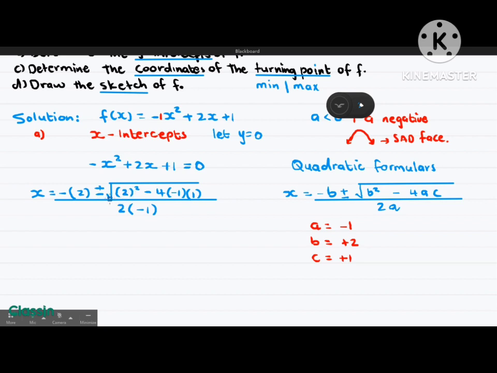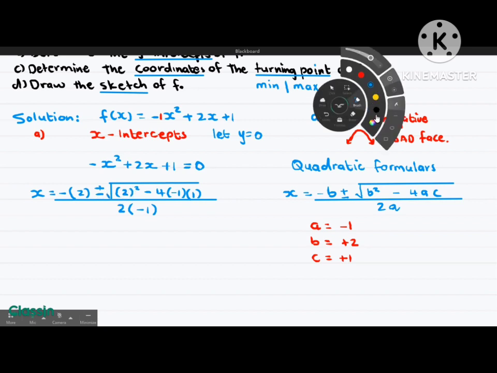Now if you check here, we have plus and we also have minus. So when we press the calculator at this stage, we are either going to put positive first or negative first. So we will be able to solve the two values of x.